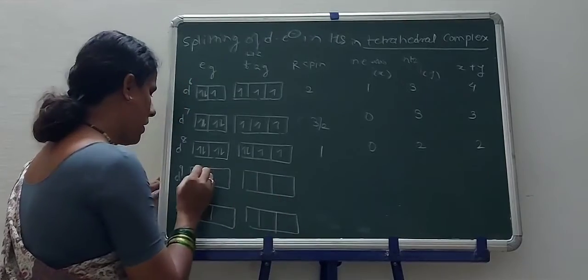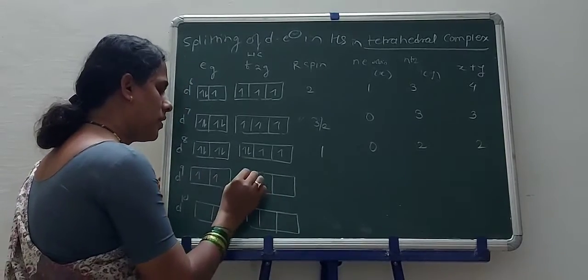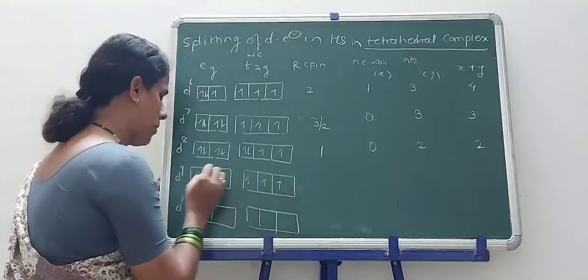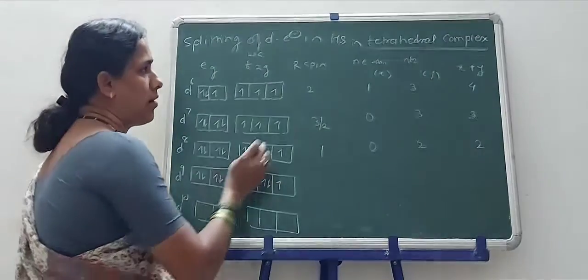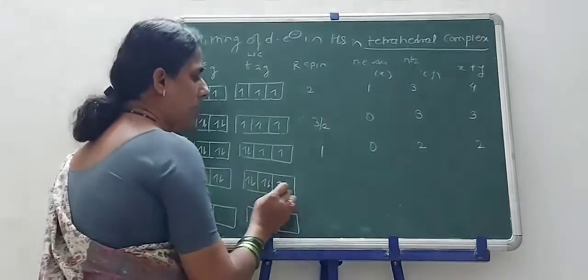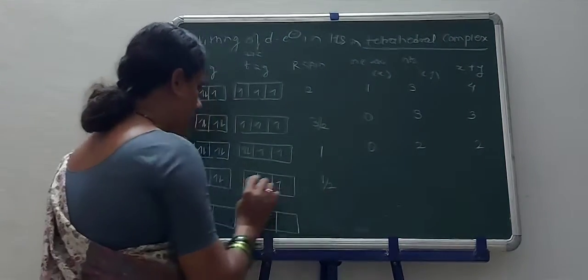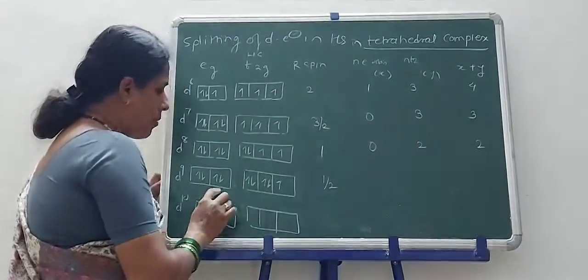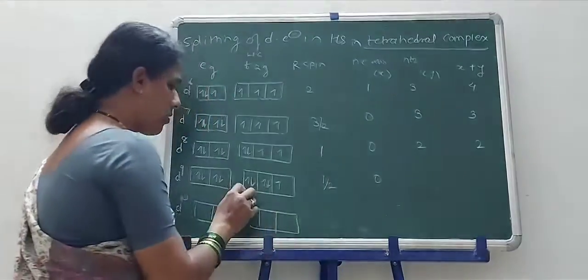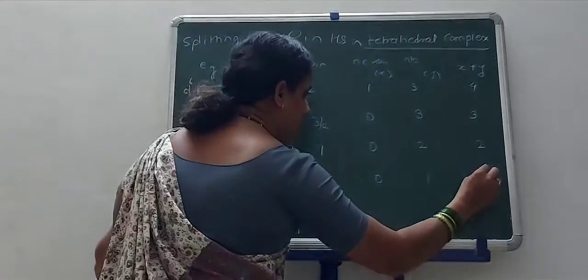For d9, 1, 2, 3, 4, 5, 6, 7, 8, 9. The resultant spin is equal to half, and the number of unpaired electrons is equal to 1.